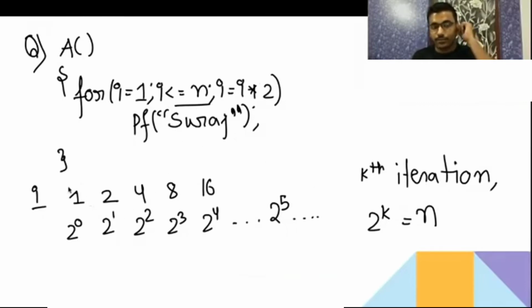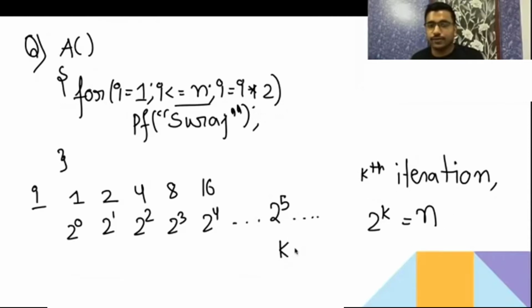See, first iteration 2 to the power 0, second iteration 2 to the power 1, third iteration 2 to the power 2, like this. Assume that when its value was 2 to the k, it's equal to n. So the kth iteration it has taken. Now you need to find the value of k.